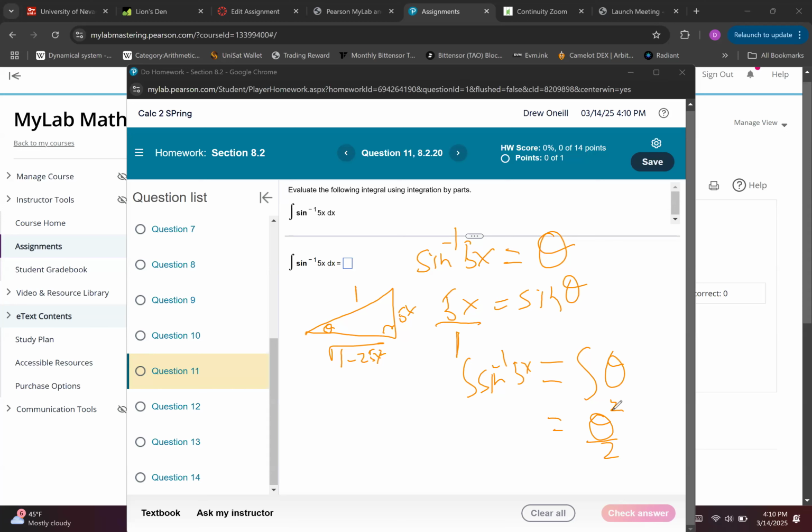I want to use the triangle to do it. Okay, so this is on the right track, but I'm going to say for this one, just use the formula, and I'll give you the formula.